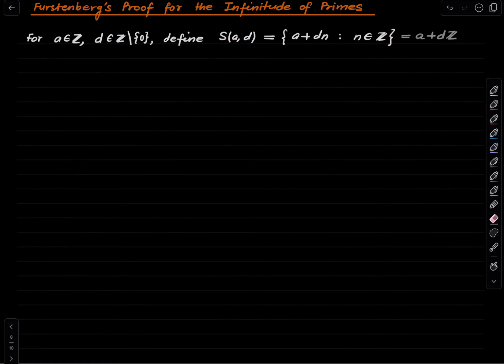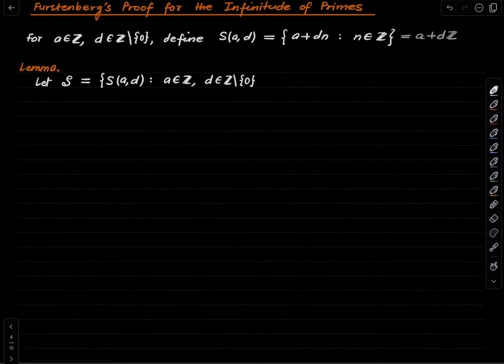Okay, so it's just a definition, and here is a small interesting lemma. Collect all of these arithmetic progressions, vary over all integers, and then vary over all non-zero integers.